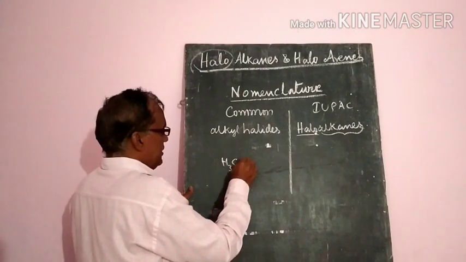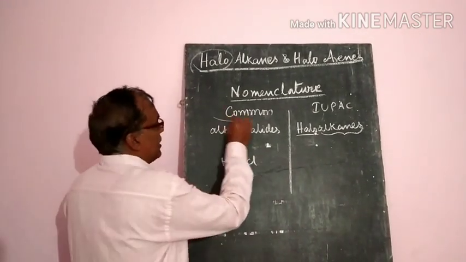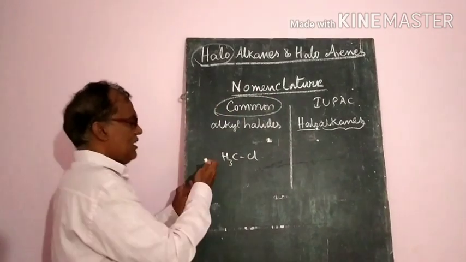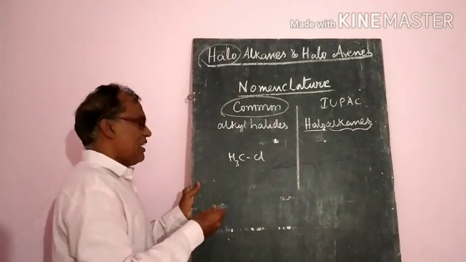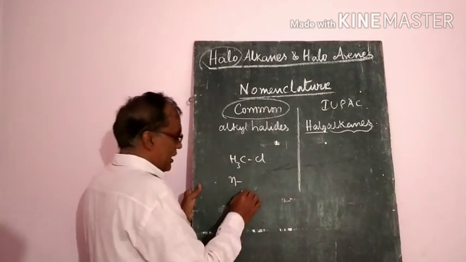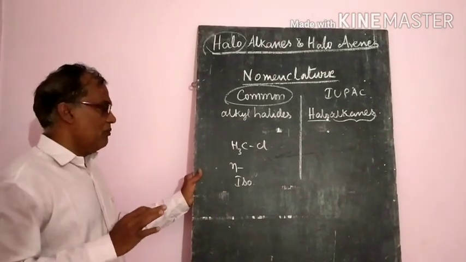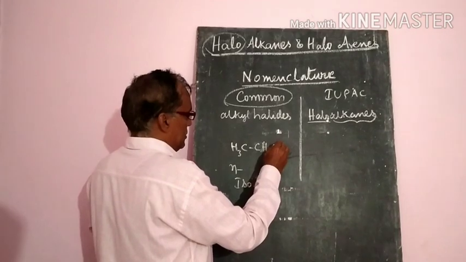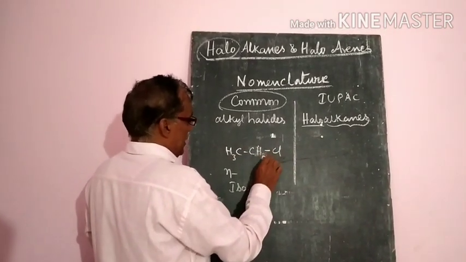Example, CH3Cl. In alkyl halides, when you are giving the common names, first we have to check whether they are straight chain compounds or branched chain compounds. If they are straight chain compounds, we say normal. If they are branched chain, we use iso. That is more important. Suppose it is CH3CH2Cl.